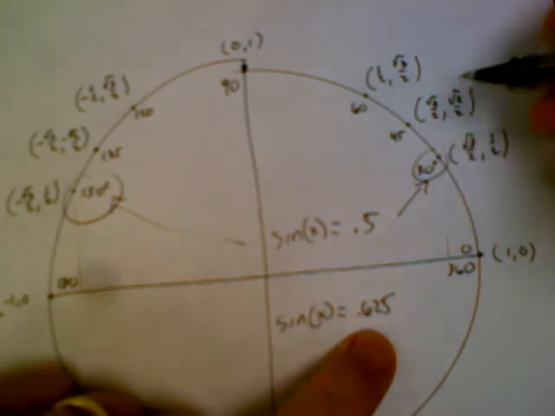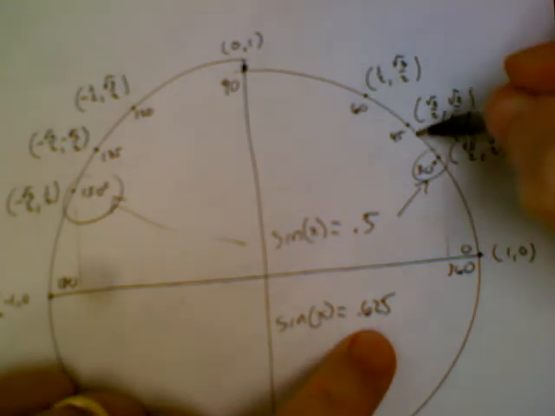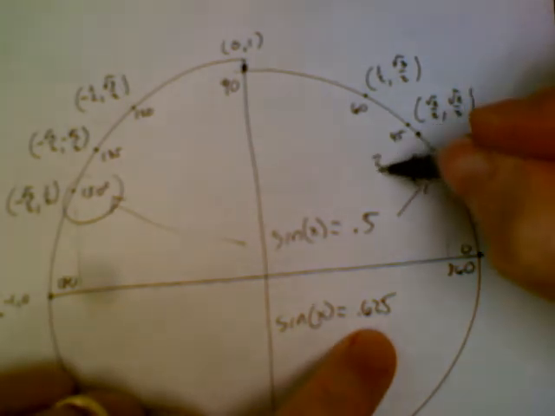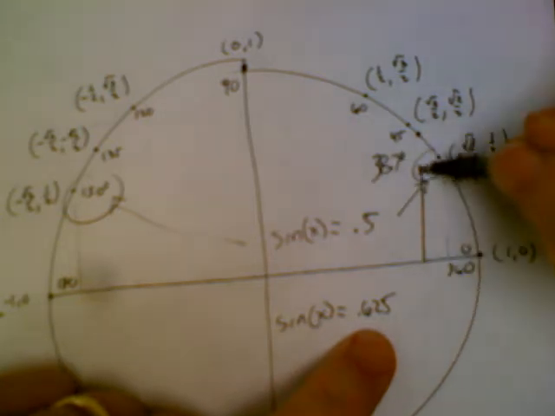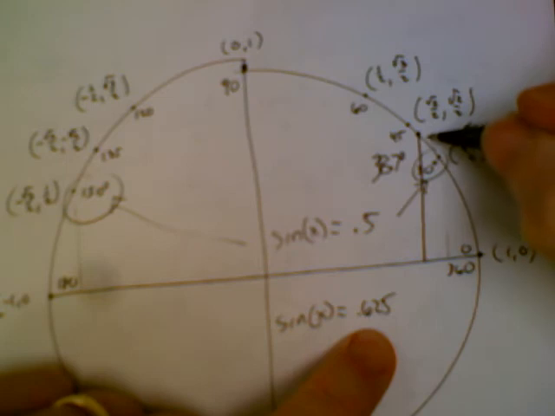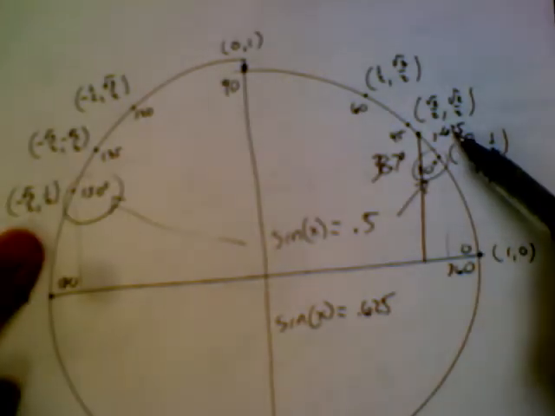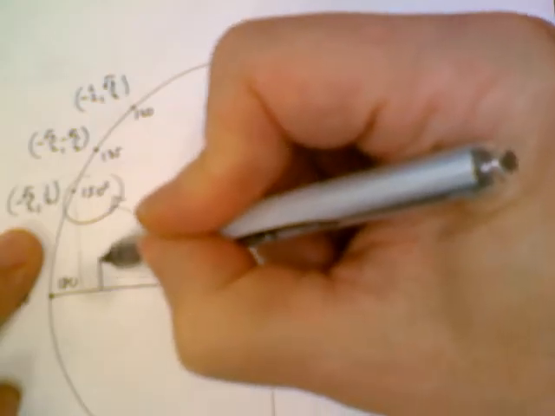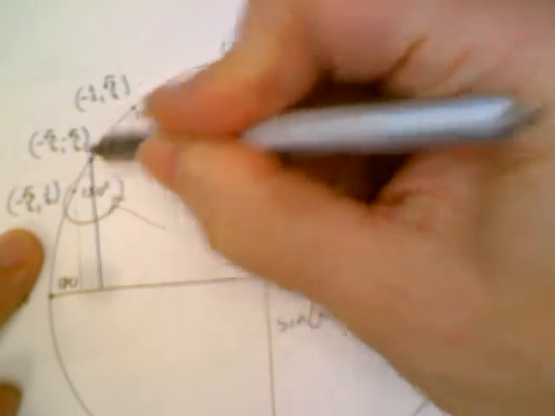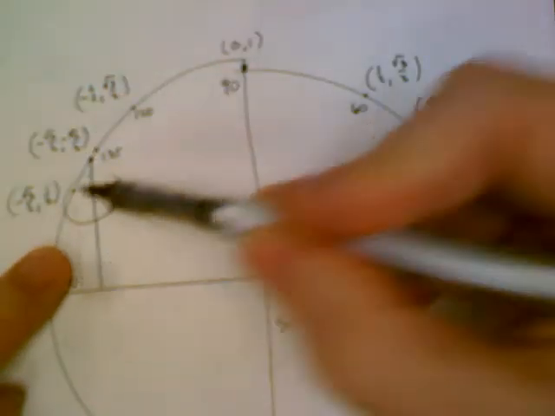And the angle measure we got was about 38.7 degrees. That's where the y-coordinate is 0.625. But there's another place on the circle where the y-coordinate would be 0.625. It would be over here, a little bit above the 150.